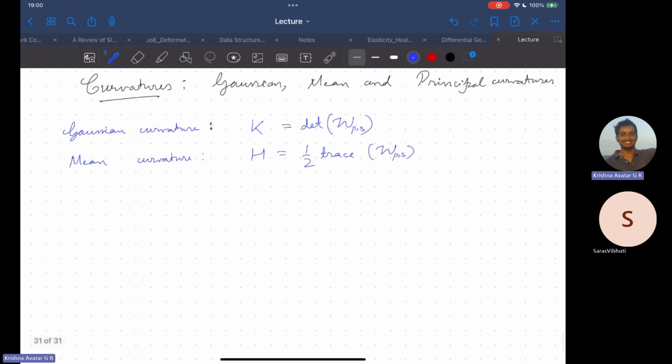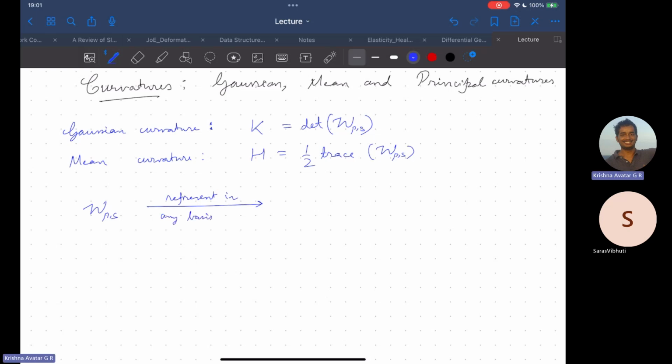However, we still have not represented W. So far, the Weingarten map is still in an abstract sense. Even now, for W_P, we do not have a clear perspective. All that we know is W_P S is a matrix. It can be represented in any basis.